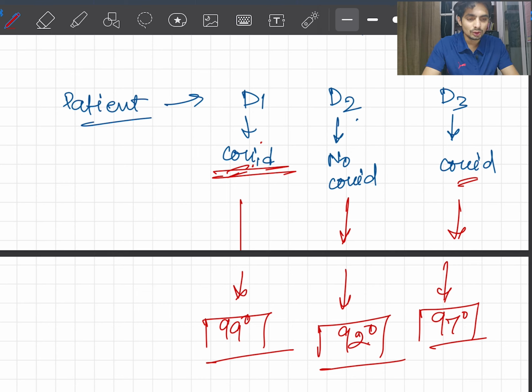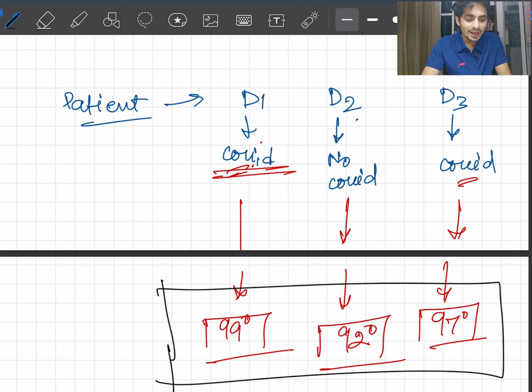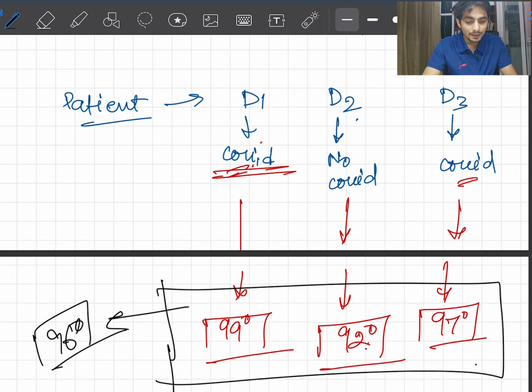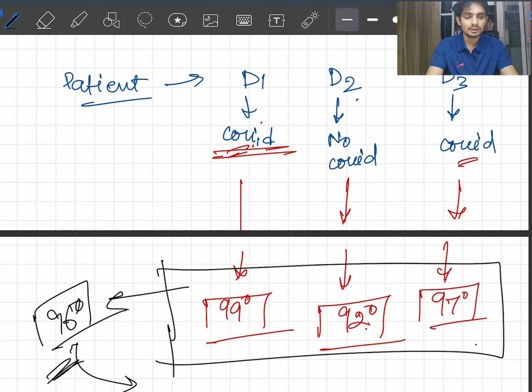Now in soft voting, in order to take a decision, we will average these 3 temperature values. Whatever we get, something around 96, based on this specific value we will predict whether the patient has COVID or not. So we have 2 votings, hard voting and soft voting.